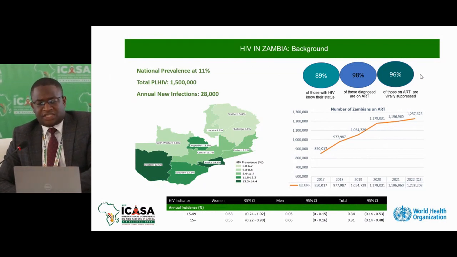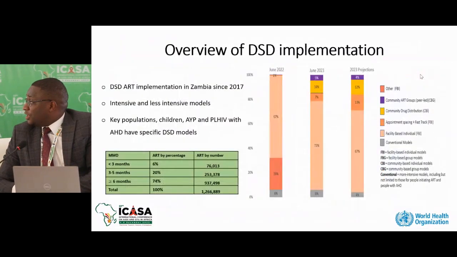New infections are 28,000, which is about 0.3% more in females than in males. The ZAMPHIA survey that we did in 2021 gave us 89, 98, and 96. Our program data would put the first 95 at about 96. And right now we have over 1.2 million and 50,000 people on treatment. So this is just the background on our program.